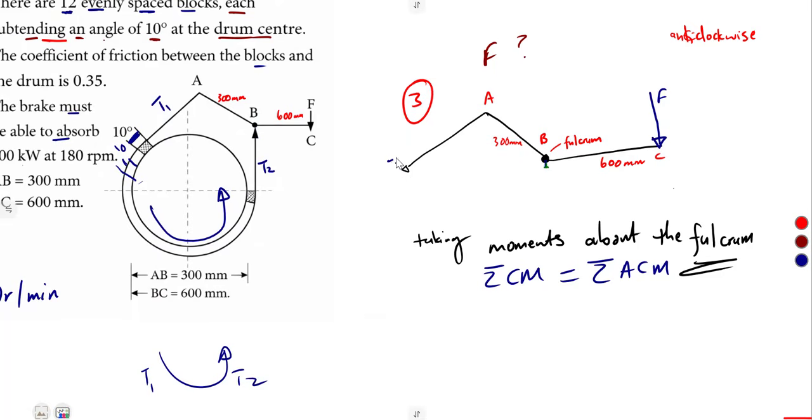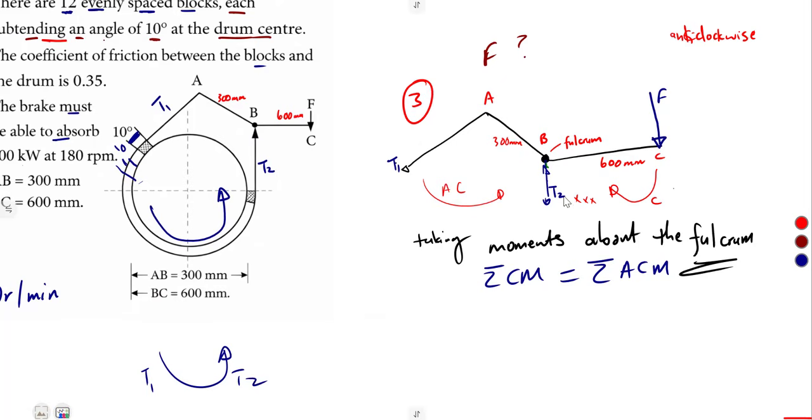This time this is where our T1 is, and this is where our T2 is, passing through the fulcrum at B. So just like in our previous question, we're not going to consider T2. We are only going to consider T1. Clockwise moments, anti-clockwise, still the same. F is clockwise, T1 is the one anti-clockwise.